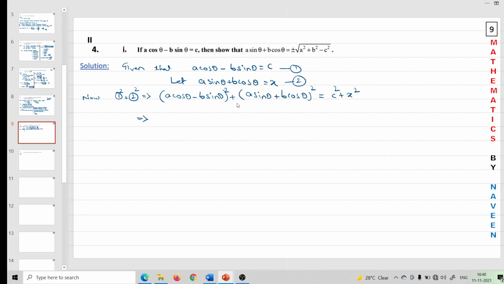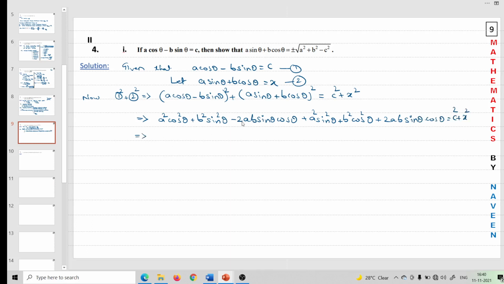That implies A square cos square theta plus B square sin square theta minus 2AB sin theta cos theta, again plus A square sin square theta plus B square cos square theta plus 2AB sin theta cos theta is equals to C square plus X square.